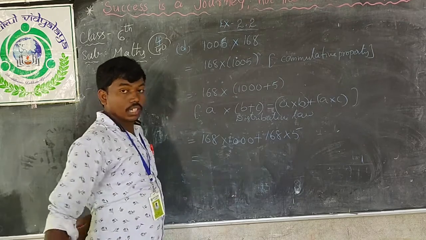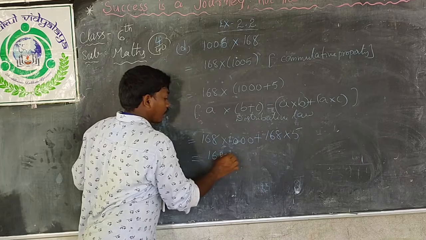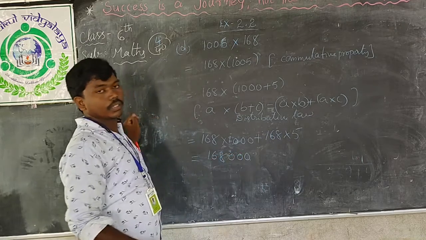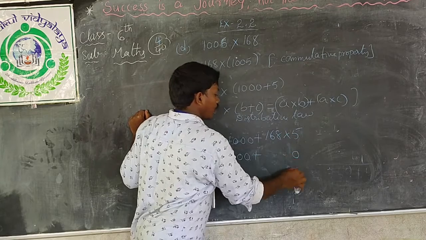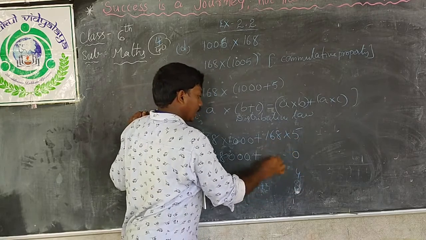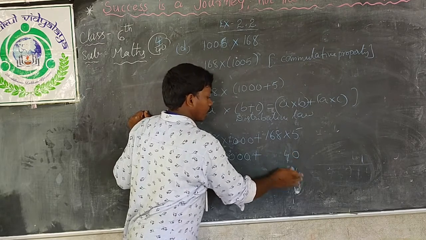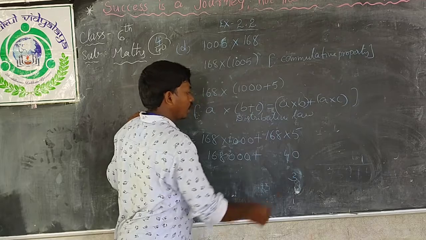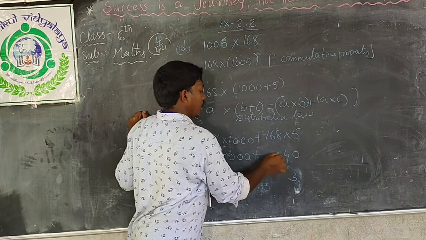Okay, children. 168 into 1000, A into B plus A into C. 168 into 1000, 168 into 1 is 168, and take the zeros. Very easy method. Plus 168 into 5: 5 8s are 40, 4 is carry. 5 6s are 30, 30 plus 4, 34. 3 is carry. 5 1s are 5 plus 3, 8.